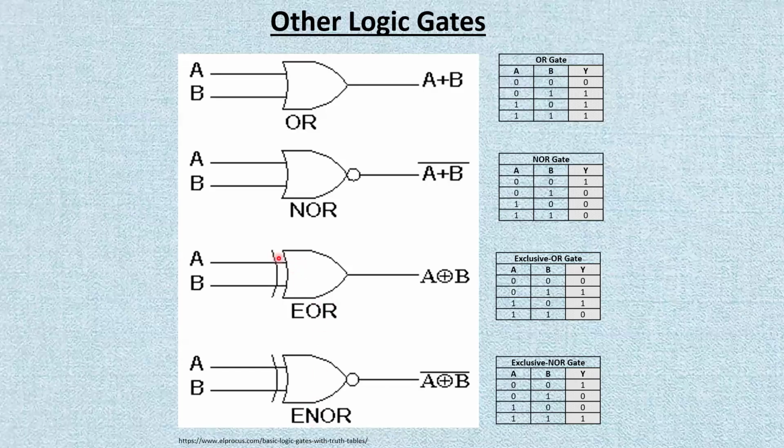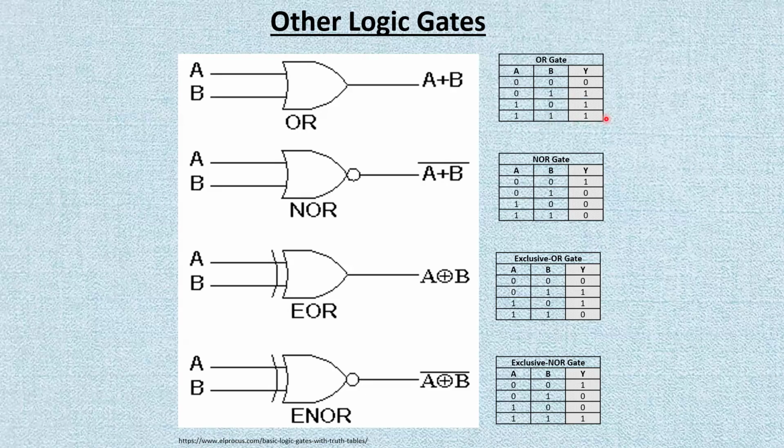Now, we have exclusive OR and exclusive NOR. Let's take a look at exclusive OR. The difference between OR and exclusive OR is that in an OR gate, as long as one of the inputs is high, the output is going to be high. And in this case, if both of them are high, the output also is going to be high.